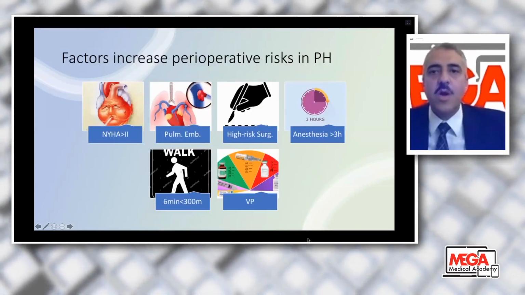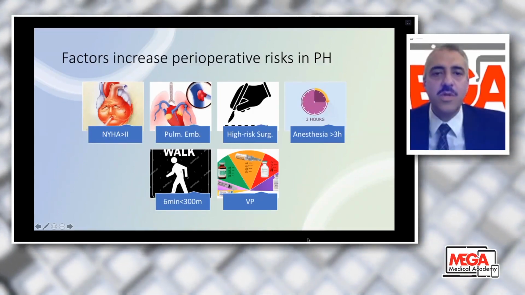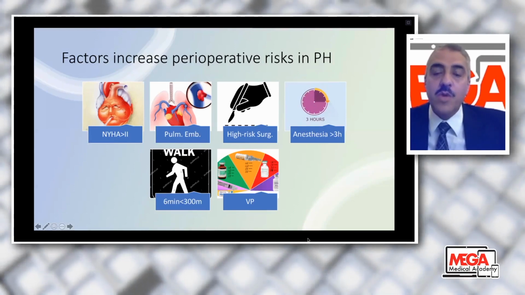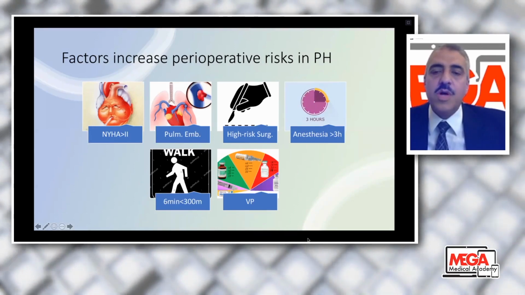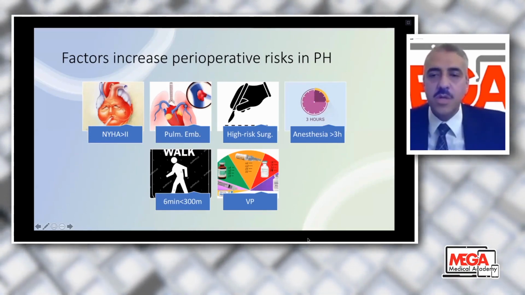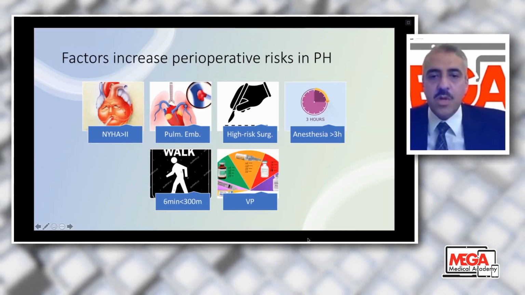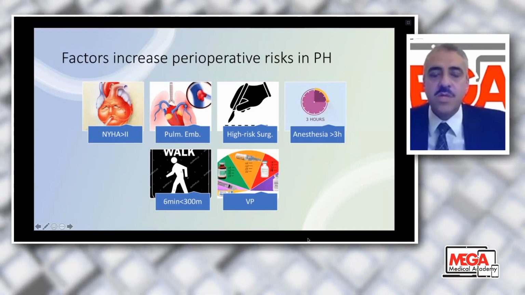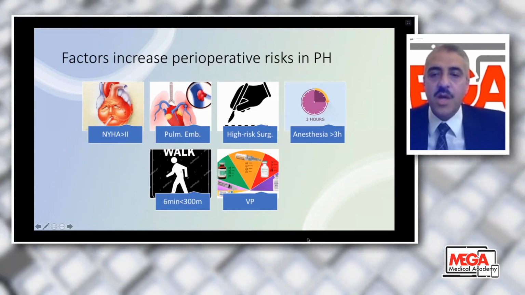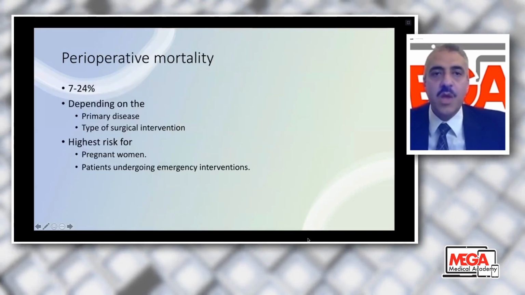Factors that increase the perioperative risk in pulmonary hypertension patients are anesthetizing a patient with heart failure or pulmonary embolism, or having a high-risk surgery like abdominal surgery or thoracic surgery, extending the anesthesia time more than 3 hours, a preoperative 6-minute walk test of less than 300 meters, and the use of vasopressors in the operation.